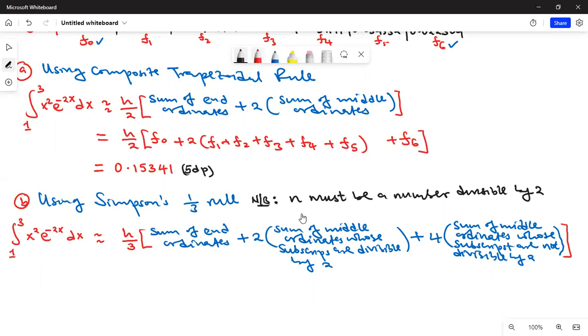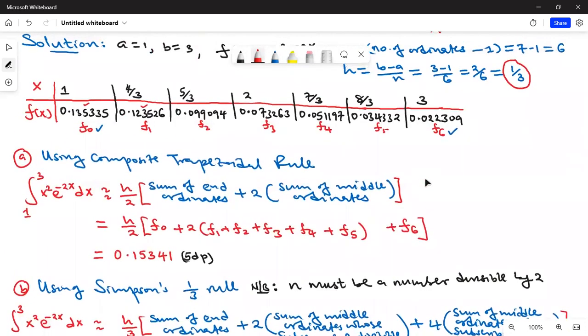So now, in terms of the function values, how will we write this formula? It is h over 3. Our end ordinates are f0, then f6 somewhere here, plus f6. Then we have to check the subscripts which are divisible by 2, apart from the end ordinates, because those ones we have used already.